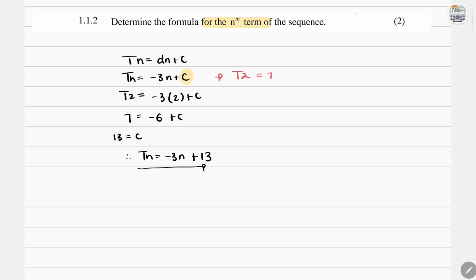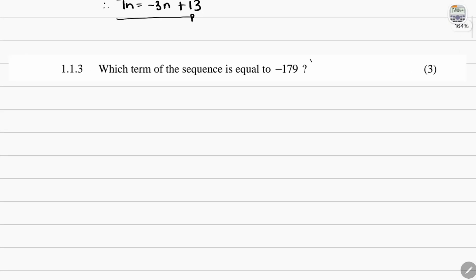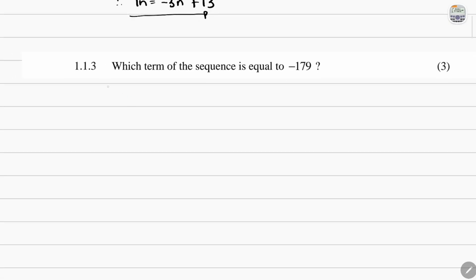Moving on to the next question. Question 1.1.3 says, which term of the sequence is equal to negative 179? So term what of the sequence has a value of negative 179? We substitute n because this is what is unknown. We don't know what term number this value belongs to.